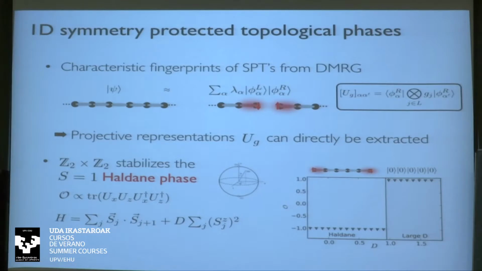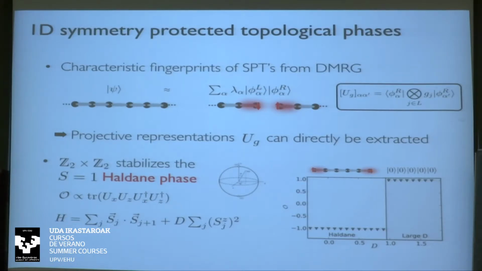And then we can calculate this topological invariant, which tells us whether we are in the Haldane phase, where Ux and Uz anti-commute, or in this large D phase, where Ux and Uz commute. Sorry? Yes? Typically there are many different alphas, right?